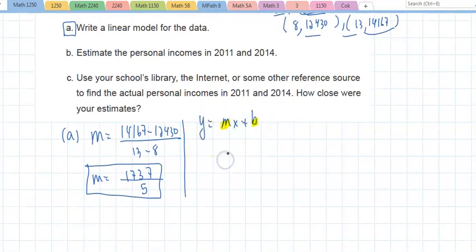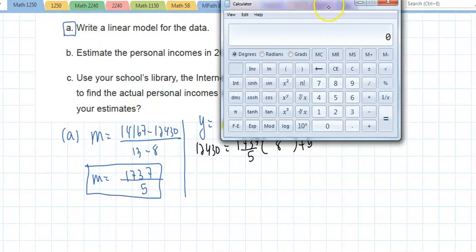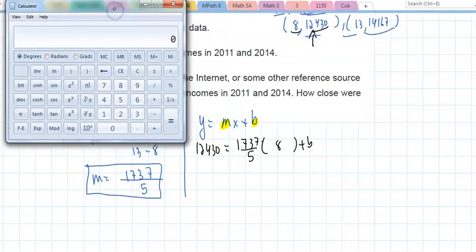So the numbers here are never nice because this is actual applications. You could use a scientific calculator. I'm going to take this point. I'm going to say 12,430 equals the slope 1737 over 5 times x. X is 8 plus b. So I'm going to take my calculator out. You should get a scientific calculator. Here we go. I'm going to take 1737 multiplied by 8.